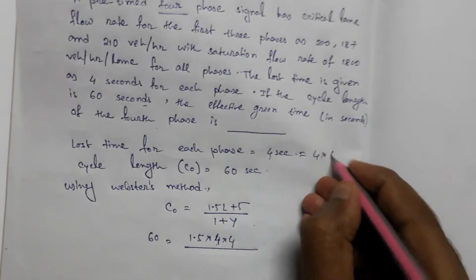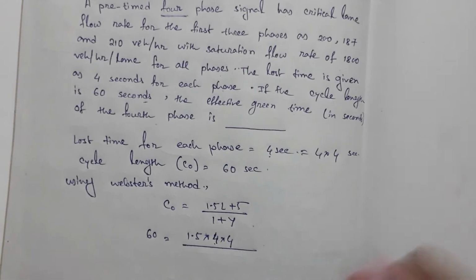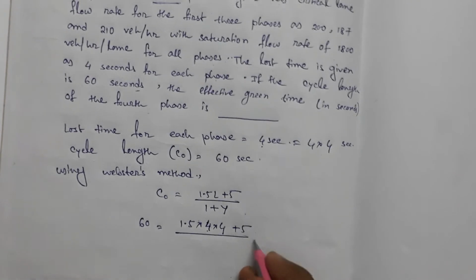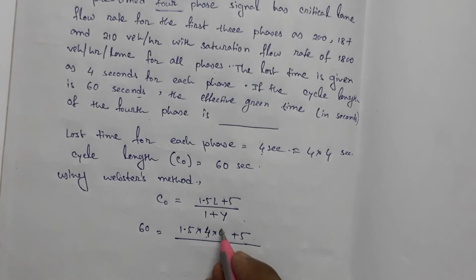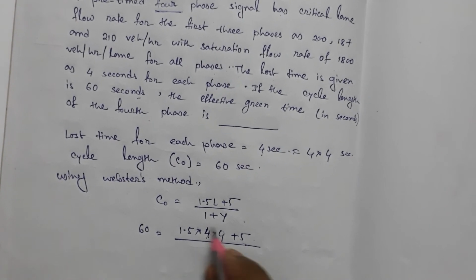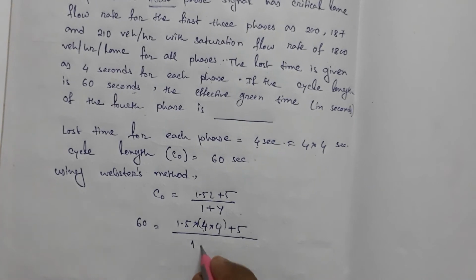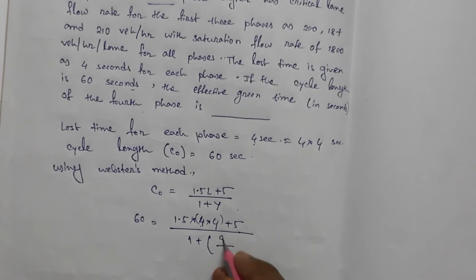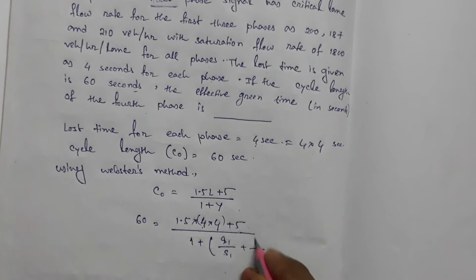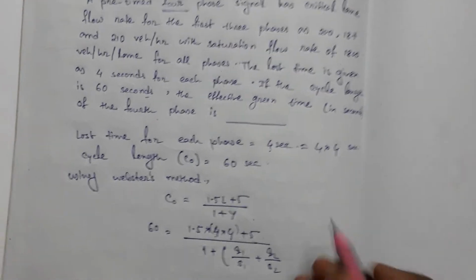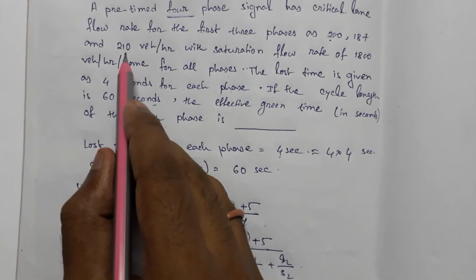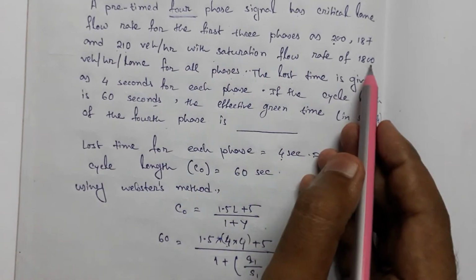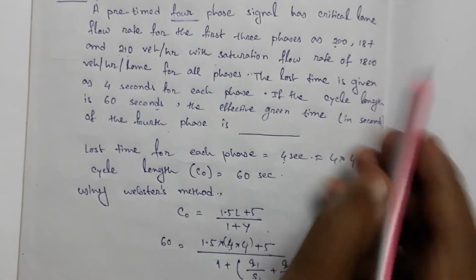So 4 into 4 seconds plus 5, the total phase loss time, divided by 1 minus (Q1 plus Q2 and so on). The values are 200, 187 and 210, with the saturation flows the same, 1800.